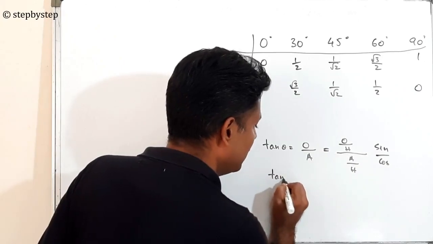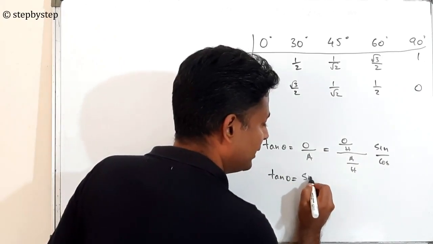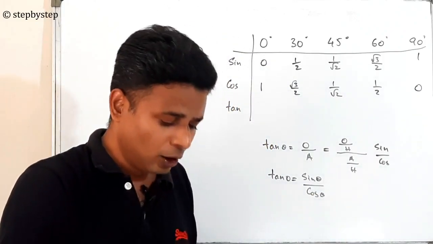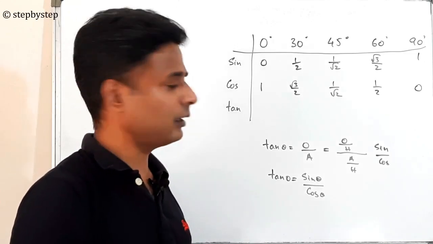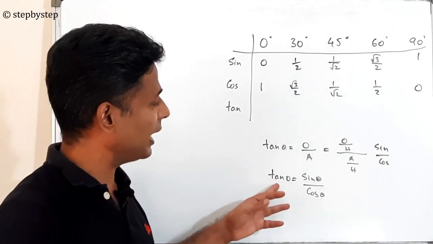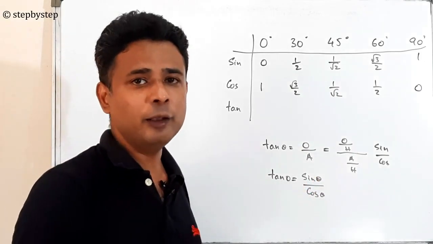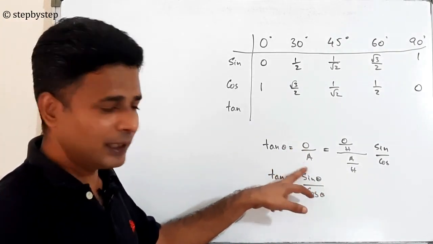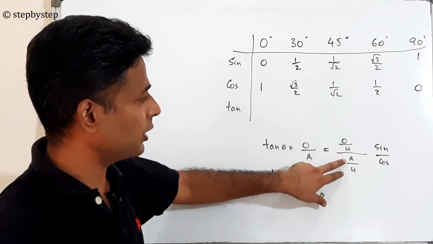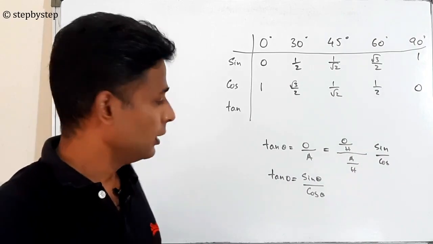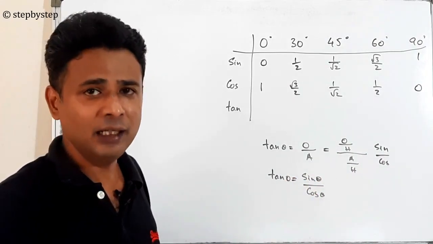You have to remember this for your entire trigonometry. You will have a lot of problems where you will have to write tan theta as sin theta by cos theta. So remember how we get it: tan theta is opposite by adjacent, which can also be written as opposite by hypotenuse over adjacent by hypotenuse, which is nothing but sine by cos. So tan theta can be written as sine theta by cos theta.